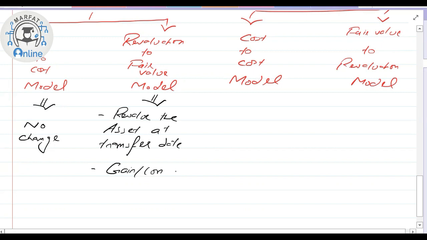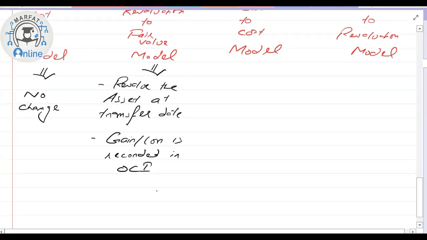Any gain or loss is recorded in other comprehensive income because the property is still under IAS-16. So any gain or loss will be recorded in the other comprehensive income.